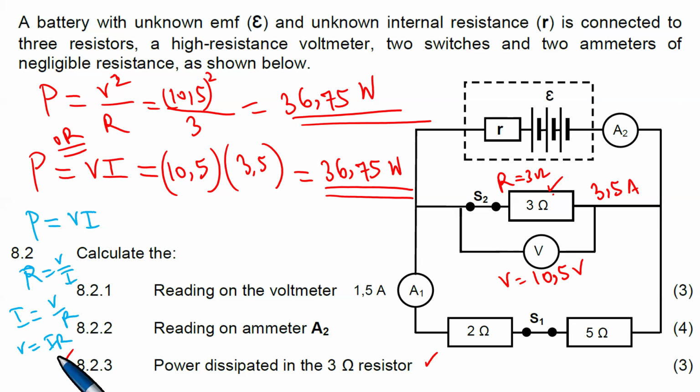These are the Ohm's law relations. Plugging them in here, if I is V over R, V by V becomes V squared over R.